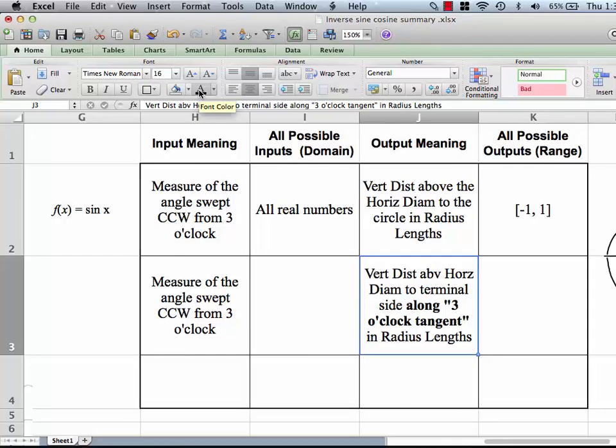The vertical distance above the horizontal diameter to the terminal side of the angle along the 3 o'clock tangent, also in radius lengths. So that's a mouthful. There's a lot there, but everything's important. Does the setup make sense? Okay, so it's still a vertical distance like sine is, but now it's not up to the circle, it's up to the terminal side, always along that 3 o'clock tangent. Okay, so let's investigate this a little bit.